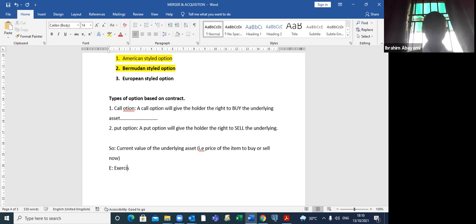E basically represents exercise price. This represents the agreed price to pay in order to buy or sell the underlying assets in the future. That's what E represents.